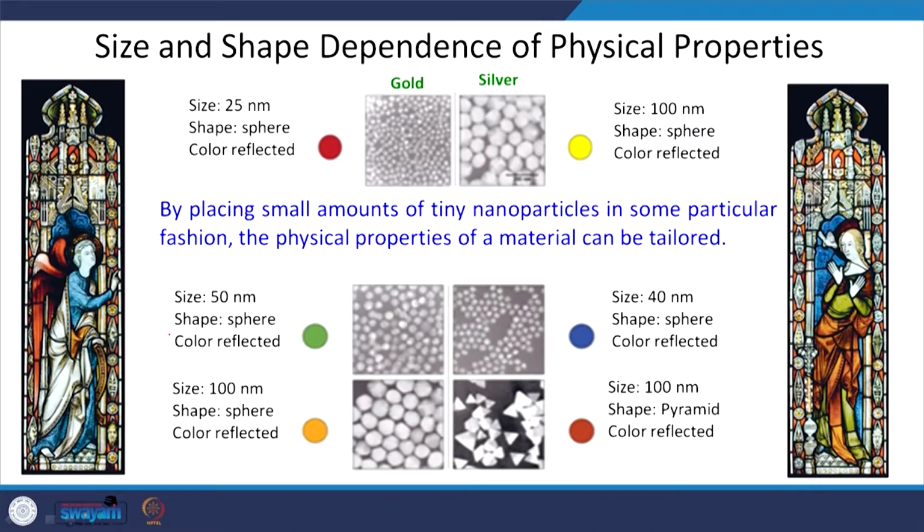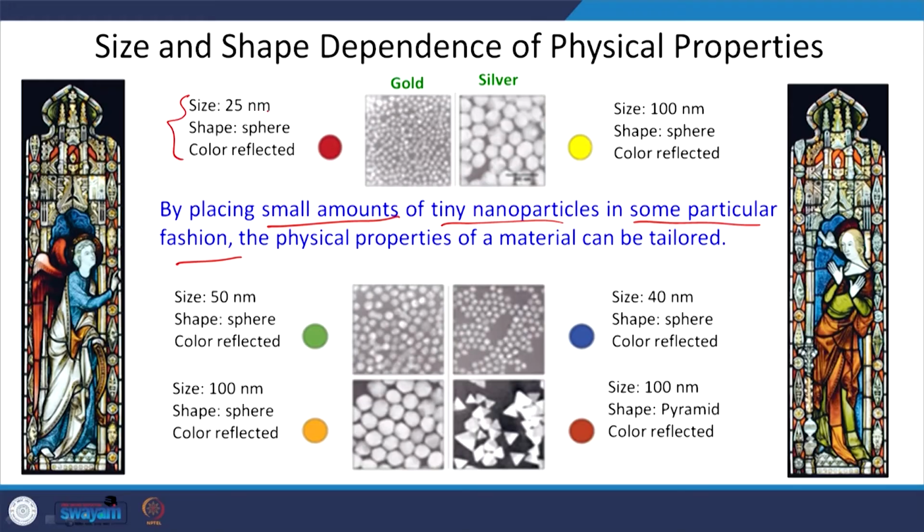They also knew that by placing small amounts of tiny nanoparticles in some particular fashion, they can create various colors. For example, these stained glasses do not have any dye. All the color which is appearing here is because of nanoparticles.